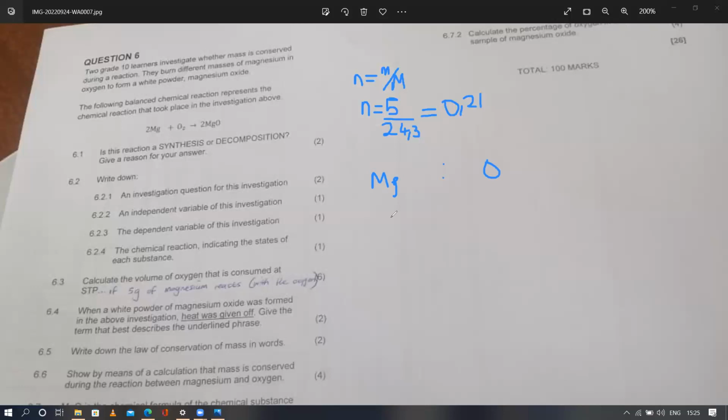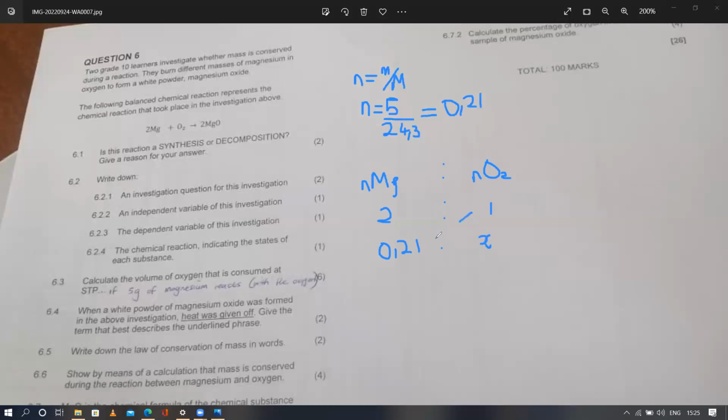Here you're going to have 2 Mg and here you're going to have 1. So now we know our number of moles of magnesium, that's going to be 0.21, is to x.